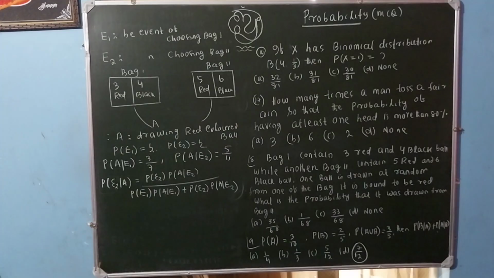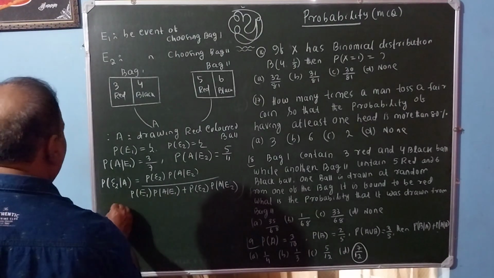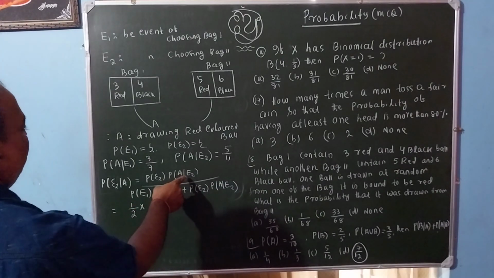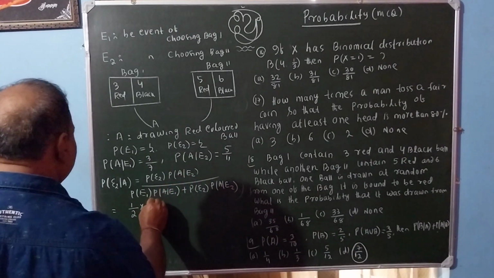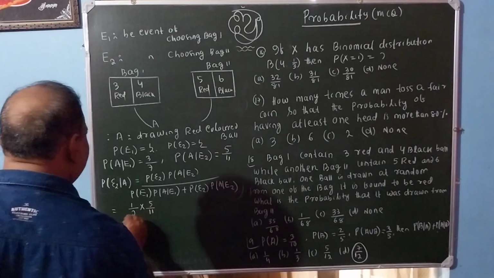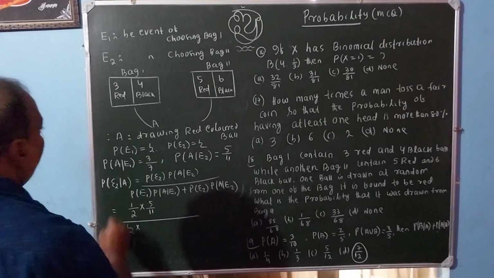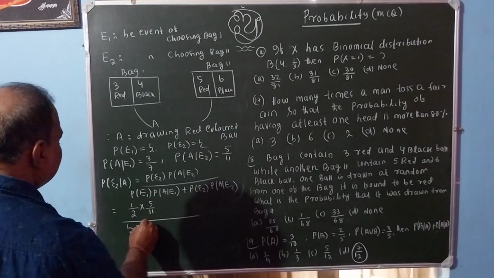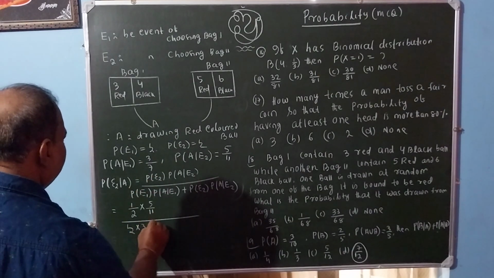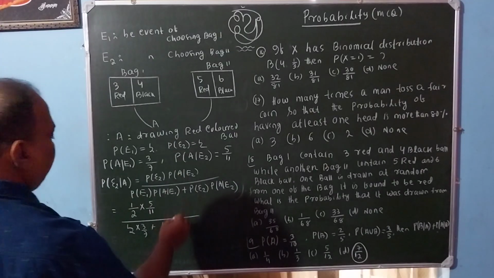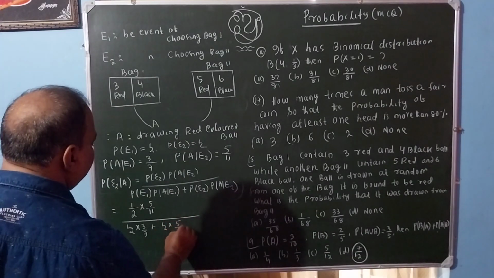This is the Bayes theorem. So by using Bayes theorem, probability of E2 is 1 by 2. Here probability of A by E2 is 5 by 11, divided by half into 3 by 7 plus half into 5 by 11.